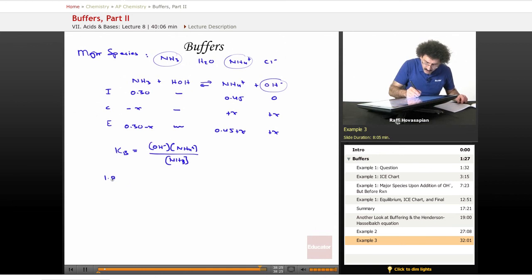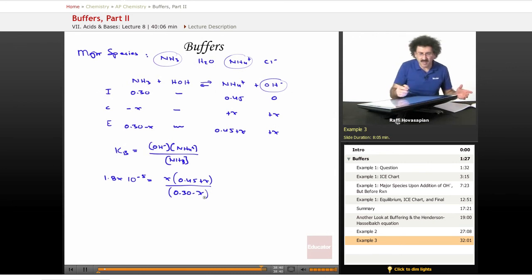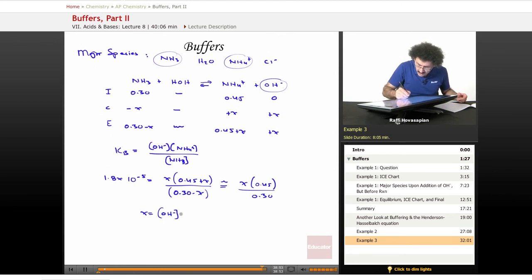You have 1.8 times 10 to the negative 5 is equal to x times 0.45 plus x over 0.30 minus x. And again, x is going to be so small because of this common ion effect that you can pretty much ignore it. It's going to be x times 0.45 divided by 0.3.